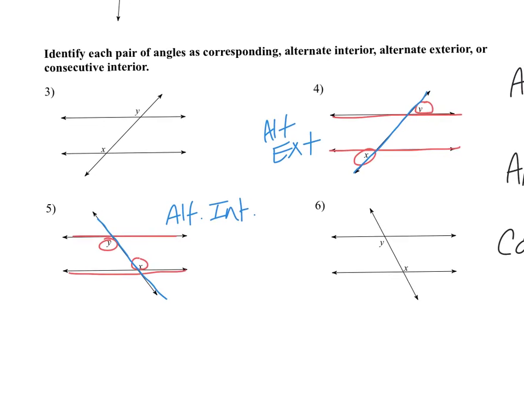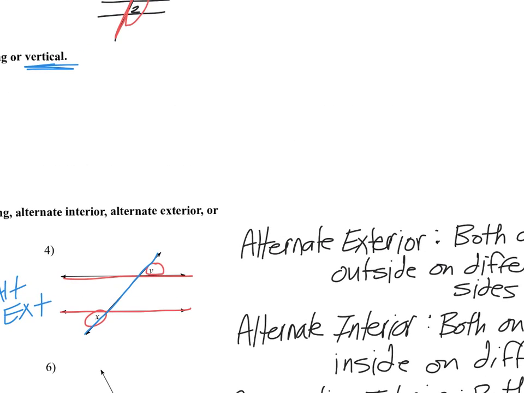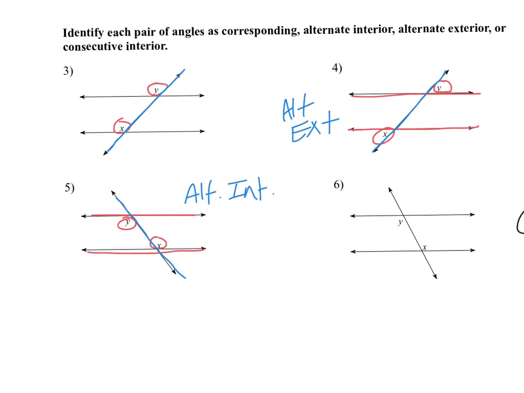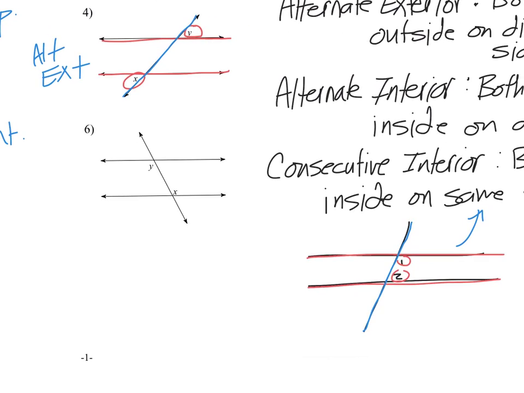So let's go back to the examples here that didn't have. What's this one? This one is on the outside, on the inside of the transversal, on the same side. Okay, outside, inside, same side. That is corresponding. Okay, so we would label that as corresponding. Again, I'm going to abbreviate here. Okay. What about number 6? They're both on the inside of the two parallel lines, but they're on different sides of the transversal. So those are called what?